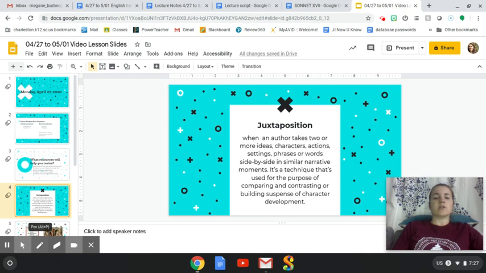Today, we're going to go more in depth with juxtaposition, a term that was first introduced to you last week. If you recall, juxtaposition is when an author takes two or more ideas, characters, actions, settings, phrases, or words side by side in similar narrative moments. It's a technique that's used for the purpose of comparing and contrasting or building suspense or character development.